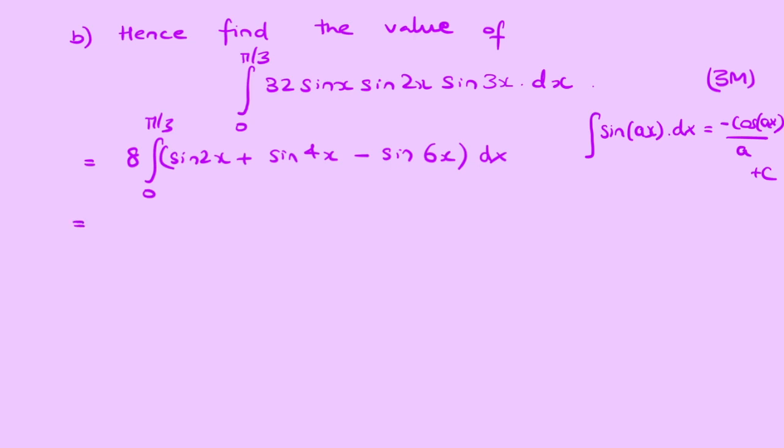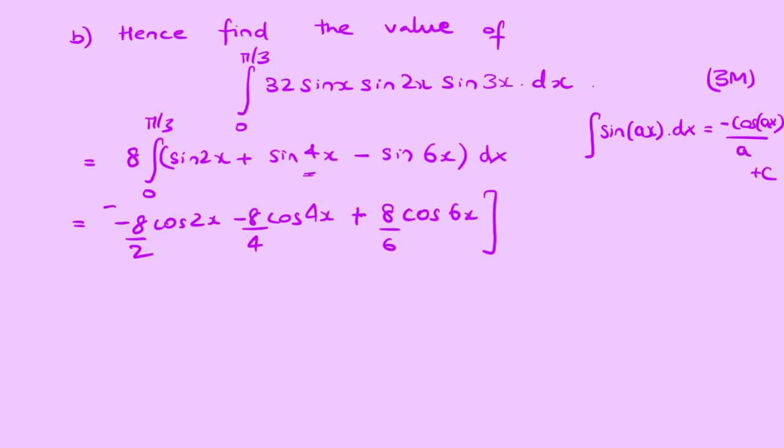So I might as well multiply the 8 within. So 8 times minus cos of 2x over 2, followed by, again, plus 8 of sine 4x, which becomes, integrated, minus cos of 4x over 4, so 8 over 4, and then followed by minus minus, so plus 8 cos of 6x over 6, and the limits are now going to be inserted.